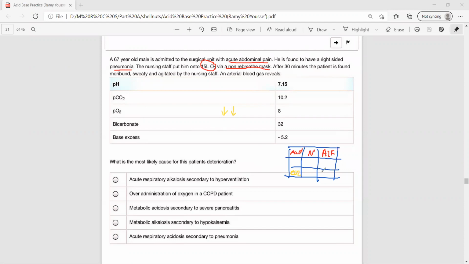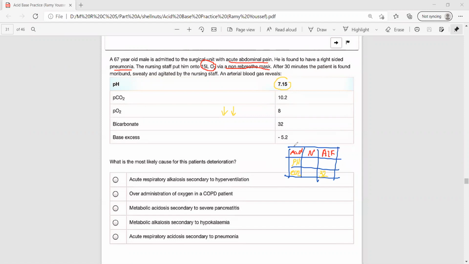Bicarb is alkalotic. And the pH is acidotic, 7.15. So this patient, what happened?